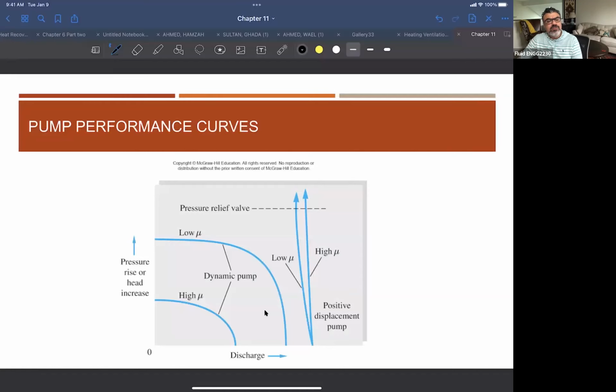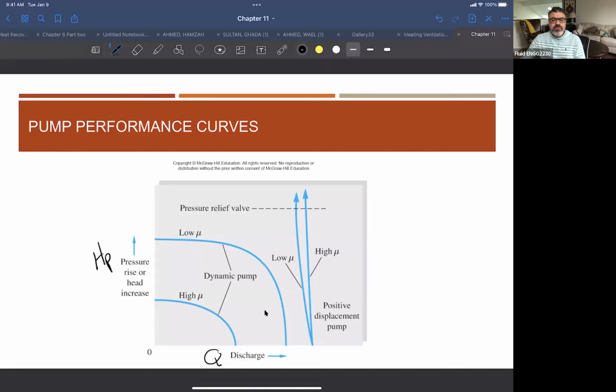But what I want you to know is, when we are talking about the positive displacement pump, this is the discharge, the Q, and this is the pressure, the head of the pump. The relation between these two is a manufacturer chart that is provided by whatever company is designing this pump, right?